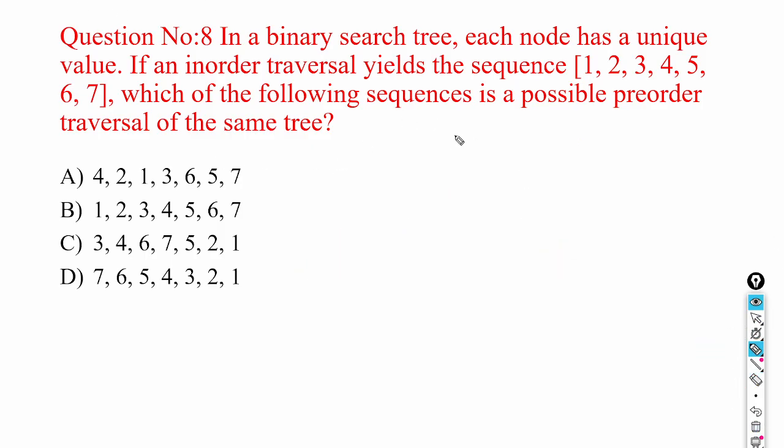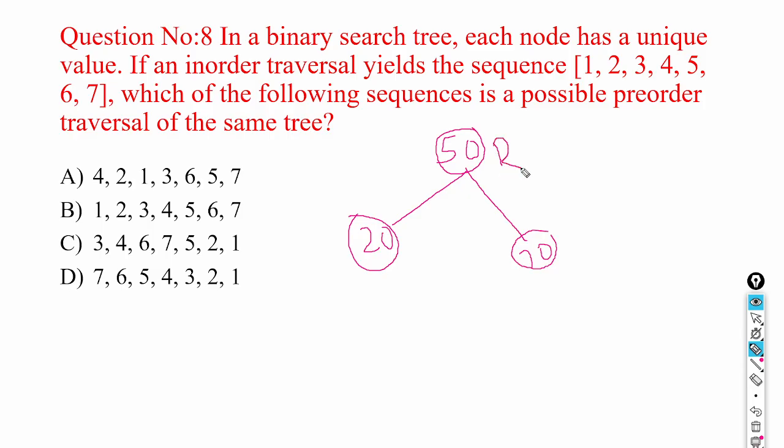For example, here I am taking 50. This is my binary tree, and here there is a node 20, and here 70. So what is my root element? 50 is my root element.